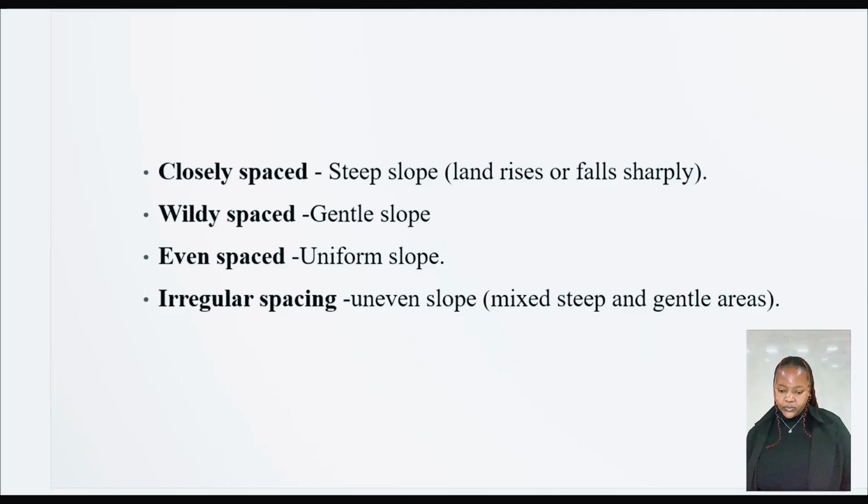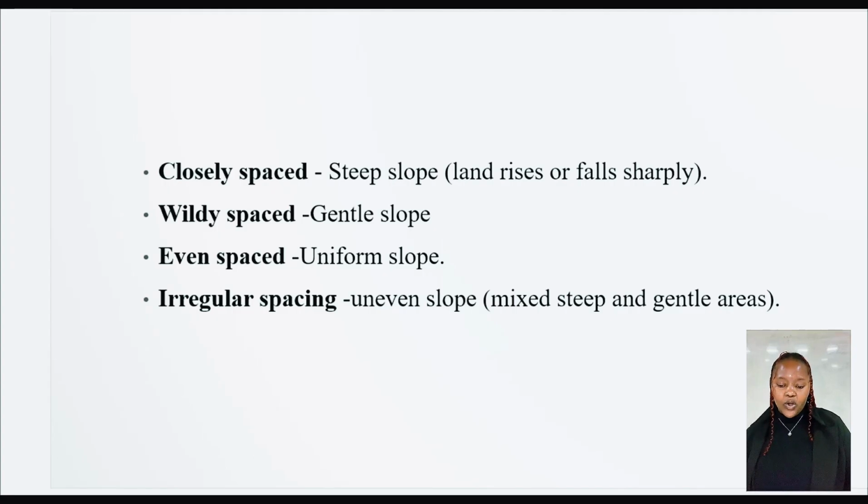So contour lines can help us identify any landform on a map based on how they are placed, whether they are widely spaced, closely spaced, even, or irregular. Closely spaced contour lines mean we have a steep slope, where the land rises or falls sharply.